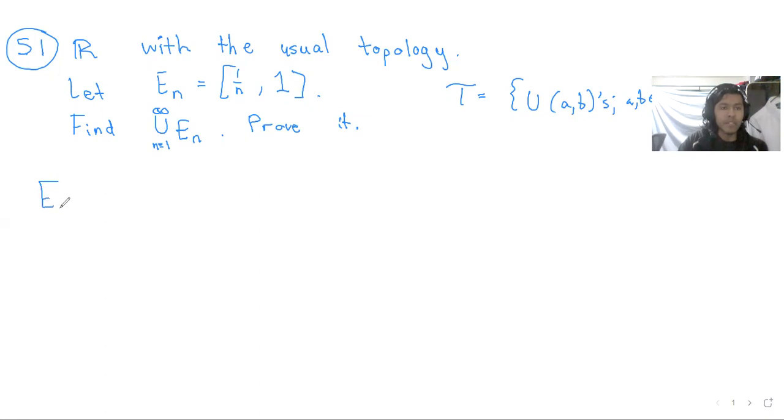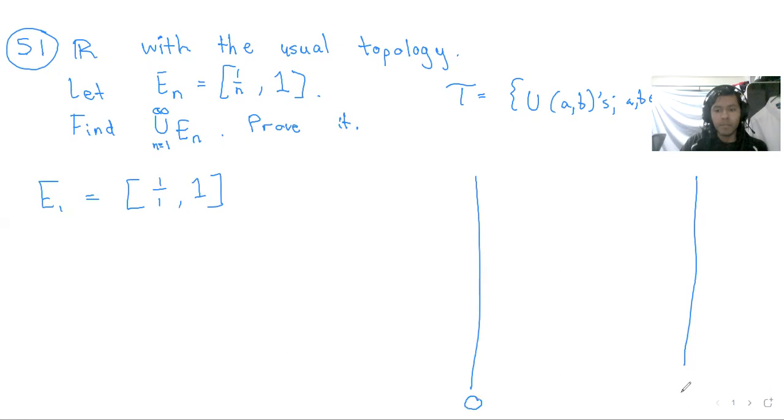Starting off, we have E1, which is 1 over 1 to 1. So 1 to 1. I'll draw a figure over here, 0 to 1. This one is 1 to 1, so it's a point. E2 will be from 1/2 to 1.